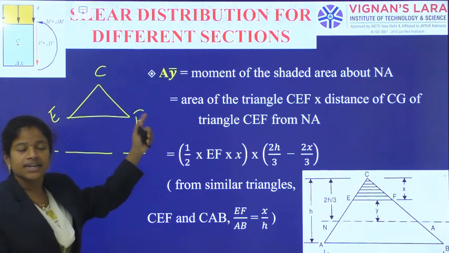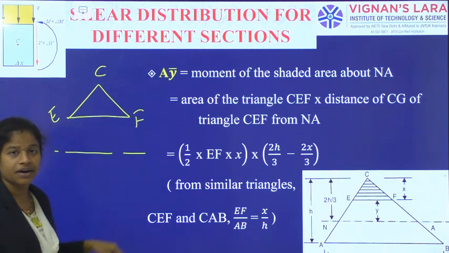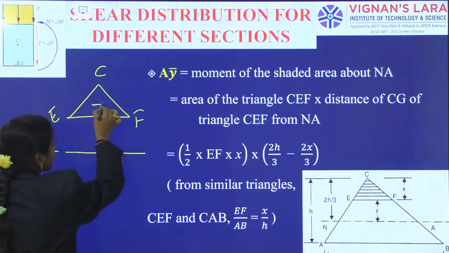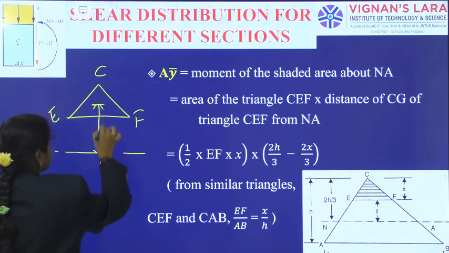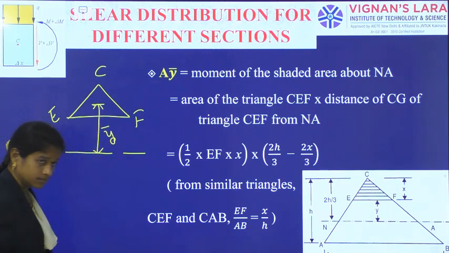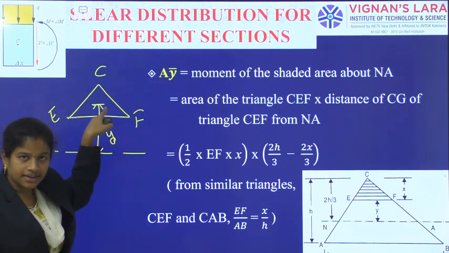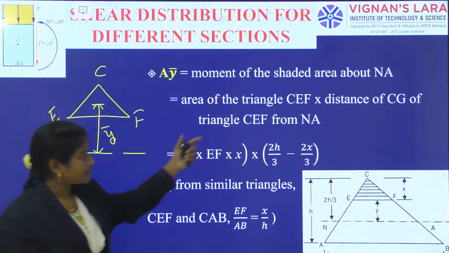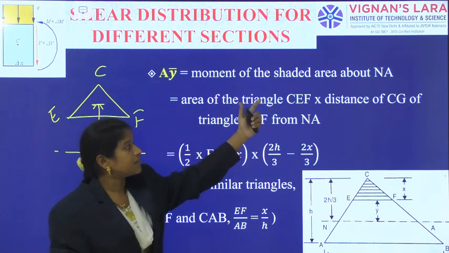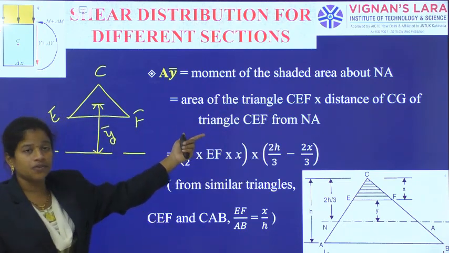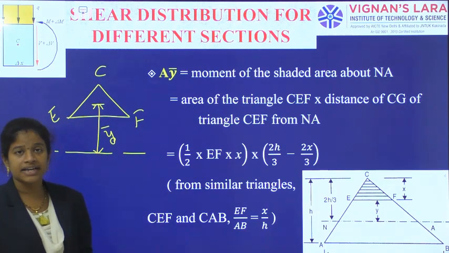Area of the triangle CEF into y bar. Y bar means the distance of the center of gravity of this triangle from the neutral axis. So area of the triangle CEF into the distance of CG of the triangle CEF from the neutral axis.